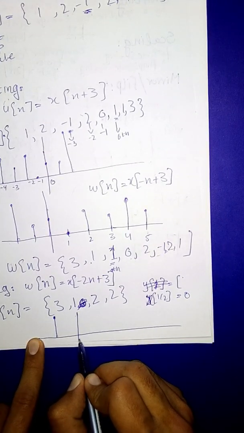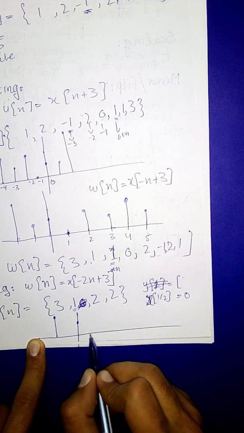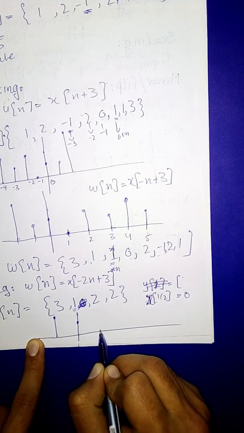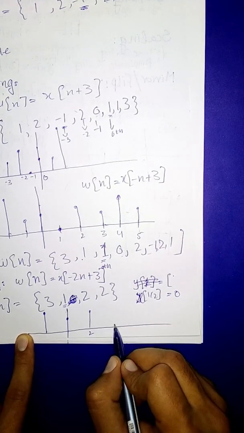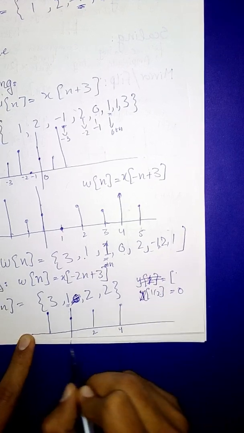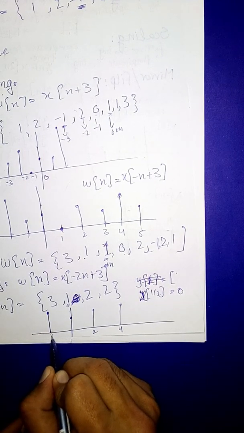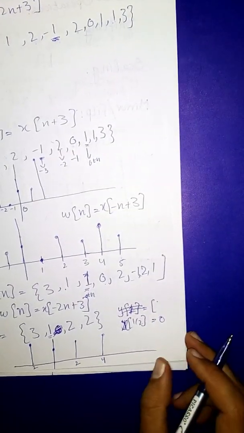Then 1 at the 0th position, and then 2 at the 2nd position, 3rd will be neglected, and 2 at the 4th position. This is our resultant signal y of n.